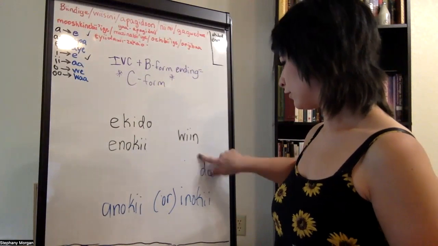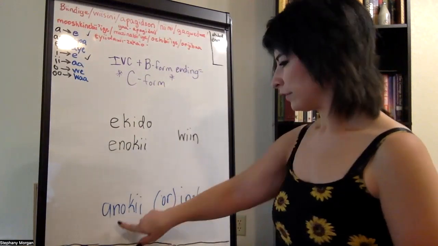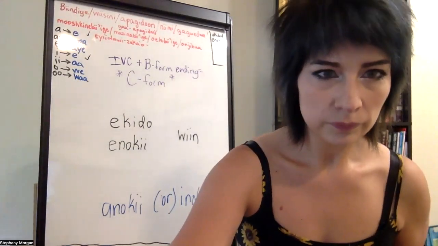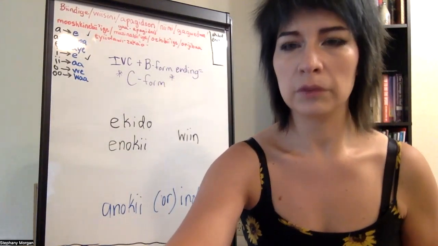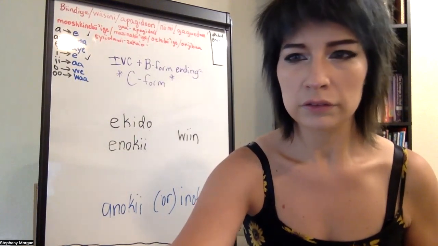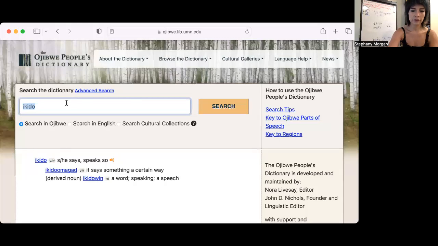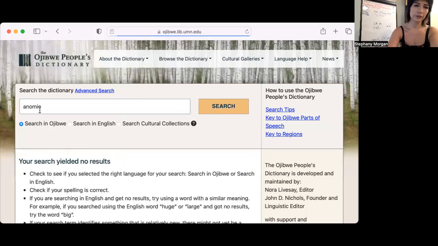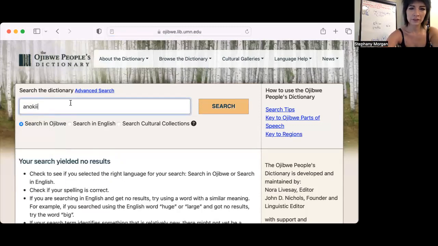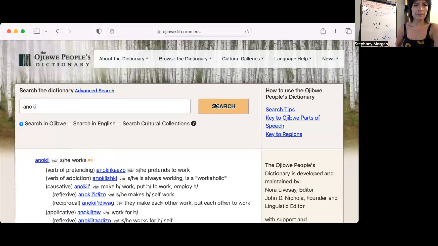But now let's figure out this next one, anoki or inoki. We're going to search. I'm going to share my screen again. We're going to search anoki. Oh, autocorrect. I swear. Anoki. She works. So we know this one is a possibility.